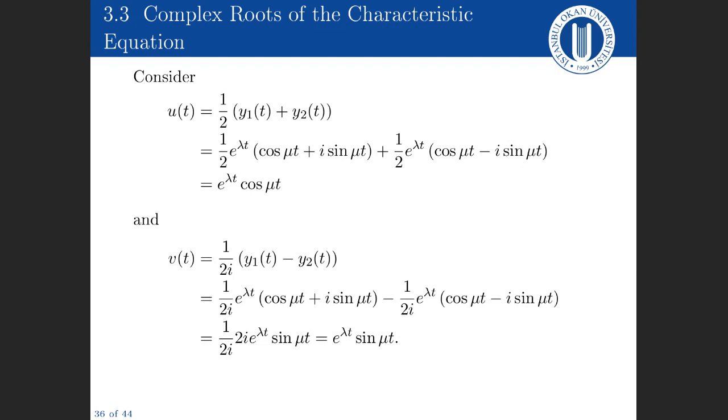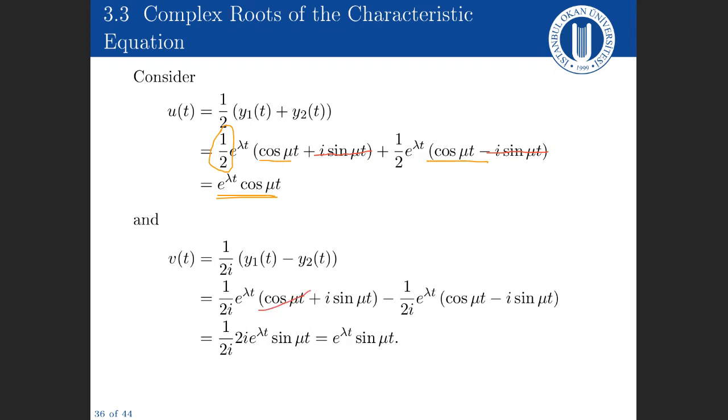But then look, plus i sin mu t and minus i sin mu t. These are going to cancel out. We're going to end up with cos plus cos, or 2 cos, and then divide by 2 to get 1 cos. u is e to the lambda t cos mu t. For v, we're going to do almost the same thing.